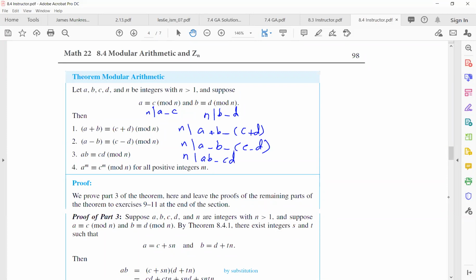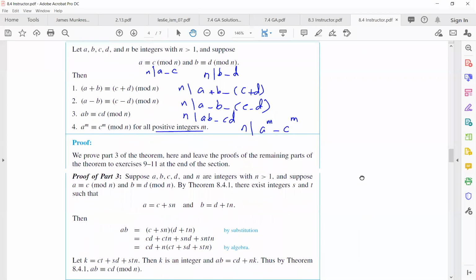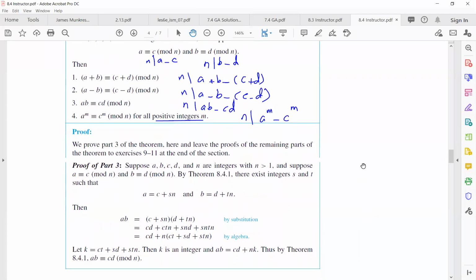And finally, a to the m is also congruent to c to the m mod n, or n divides a to the m minus c to the m, for any positive integer m. The proof comes directly from the definition of congruence.